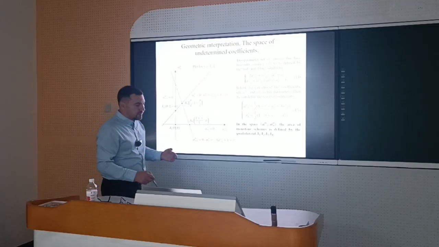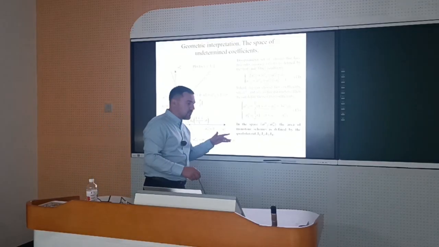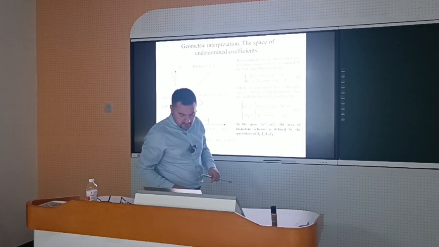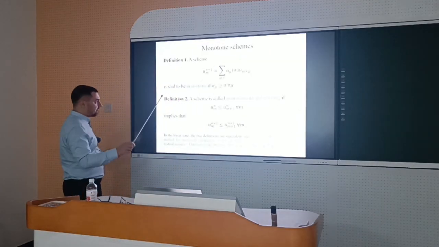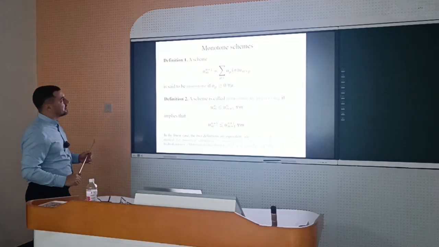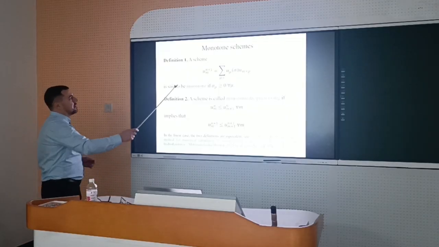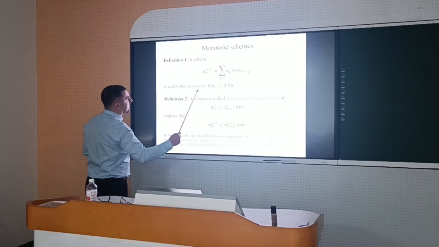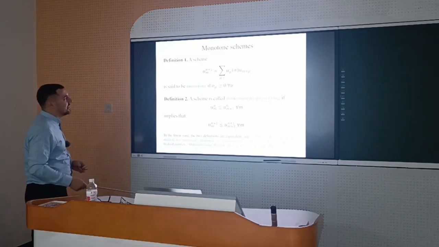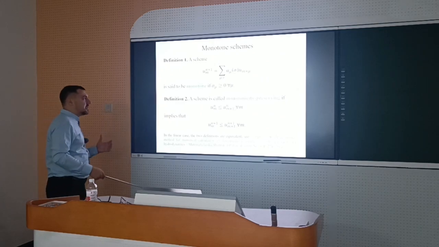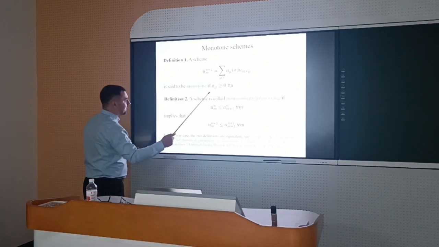And this is very important for the discussion of these spurious oscillations because this is the definition of so-called monotone schemes. So a scheme, this one, is said to be monotone if all the coefficients are not less than 0.